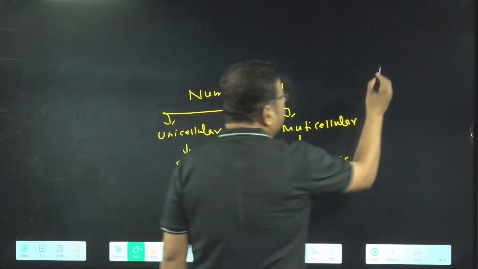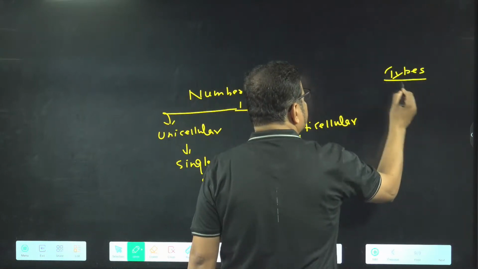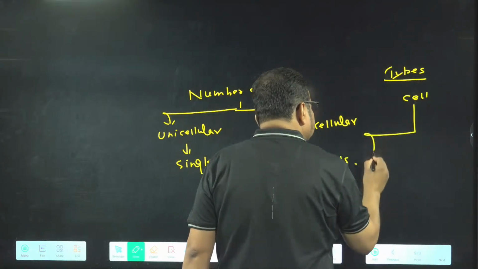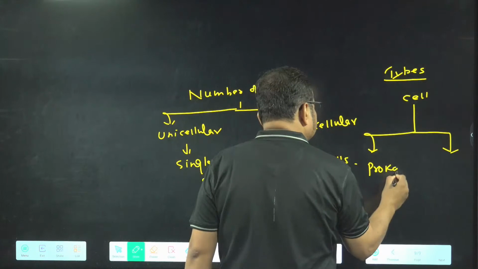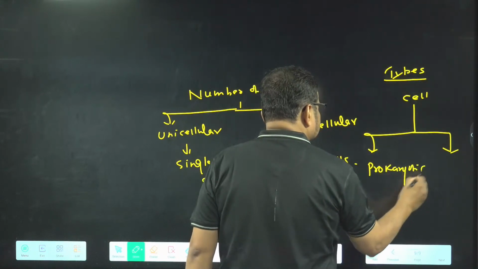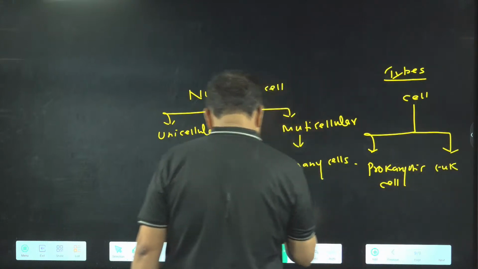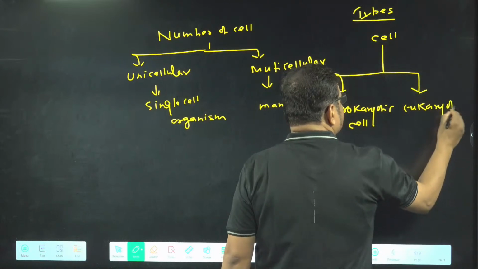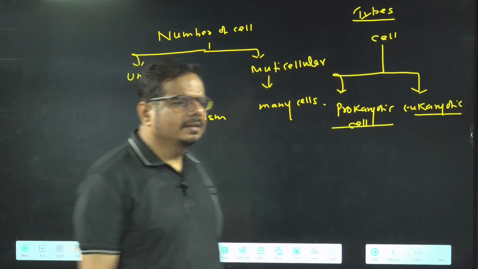Even based on the type of cell, we classify cells into how many categories? Two categories: prokaryotic cell and eukaryotic cell. In prokaryotic and eukaryotic cells, what is the demarcating feature?